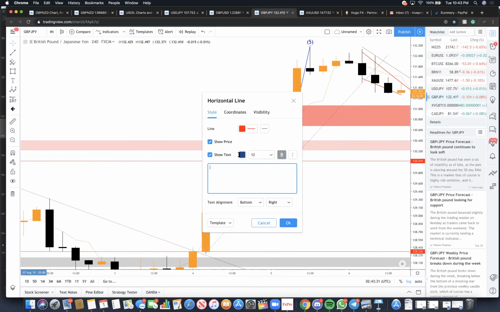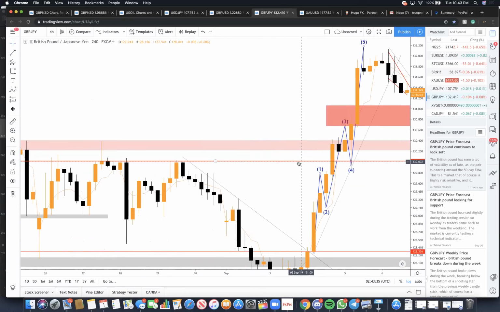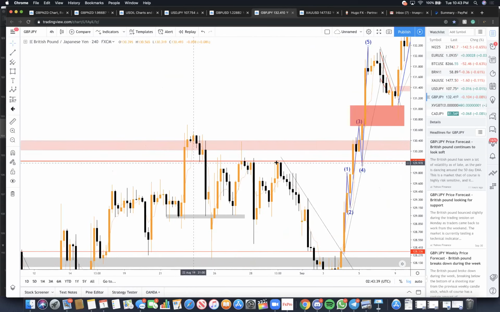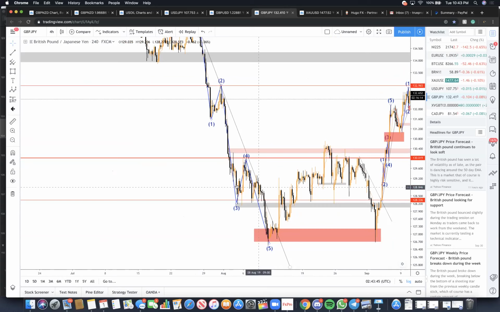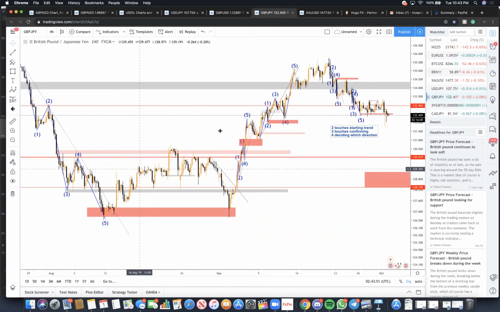You see this, let me make this thicker for you guys. See the red line? That's the resistance of the fourth wave, where the market retested that and then made its strongest move up, confirming that that downtrend is now over. After the accumulation of price, we saw the strong move to the upside, confirming that we have a change of trend.